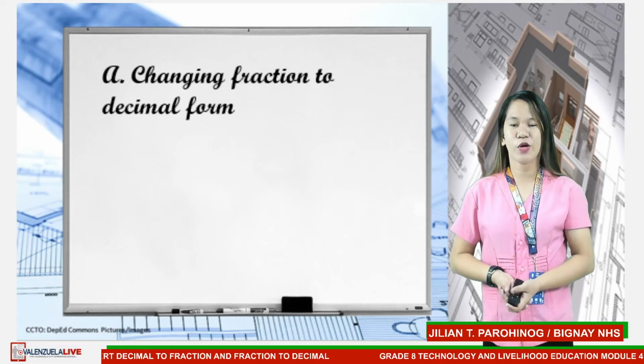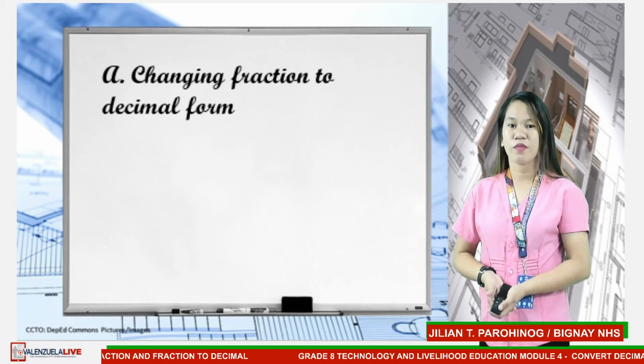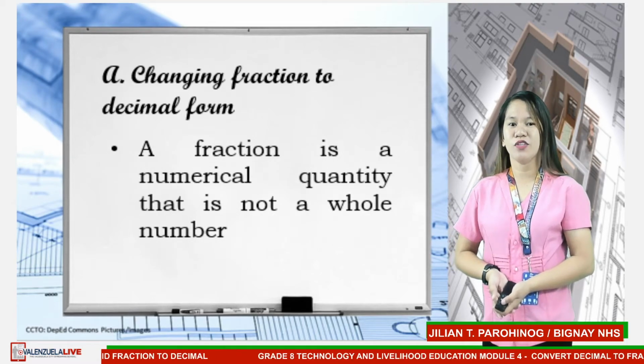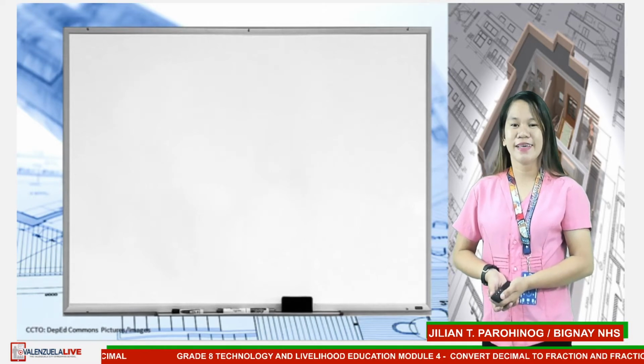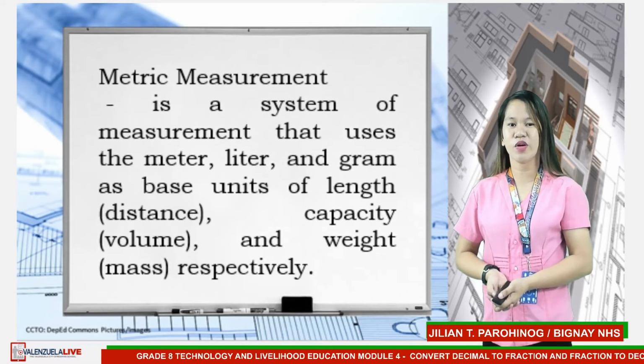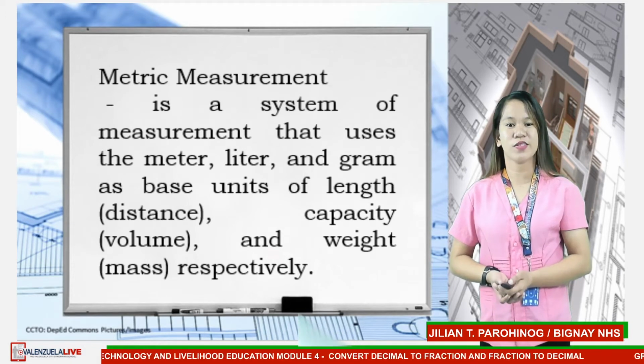We have for letter A, changing fraction to decimal form. A fraction is a numerical quantity that is not a whole number. It is also used if a number is expressed in the form a over b, where b is not equal to 0.